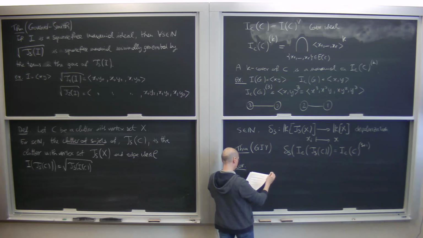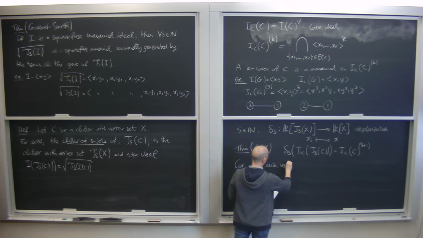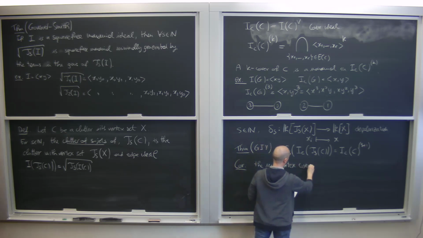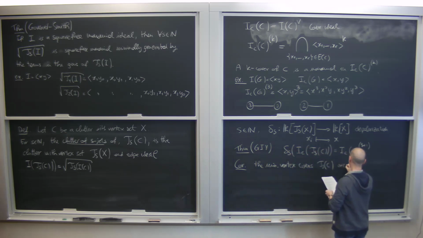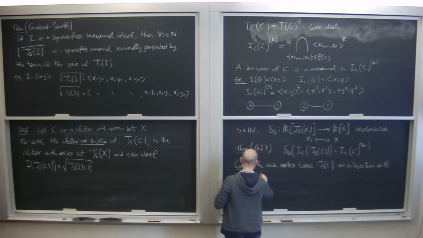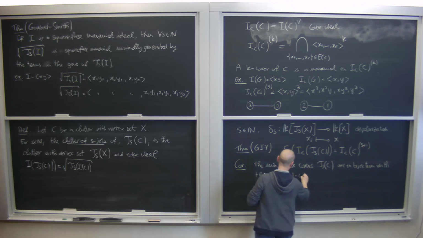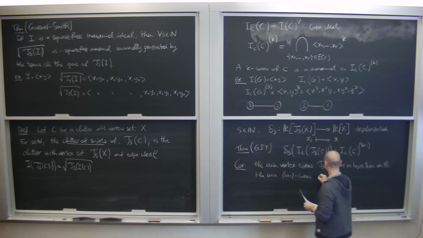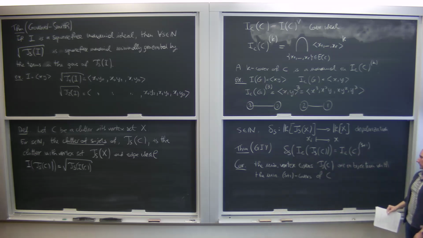So let me say the minimal vertex covers of the clutter of jets of order S are in bijection with the minimal S+1 covers of the original clutter. So this is sort of the combinatorial version of that statement above.